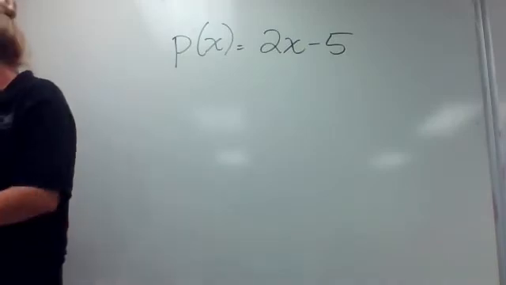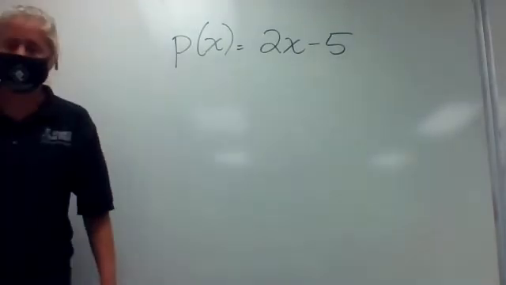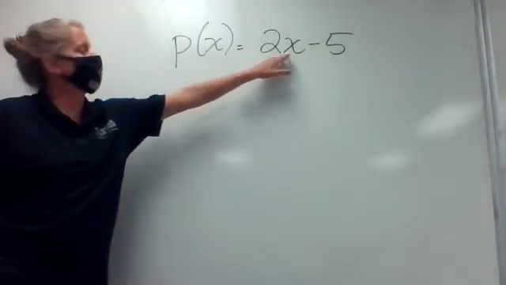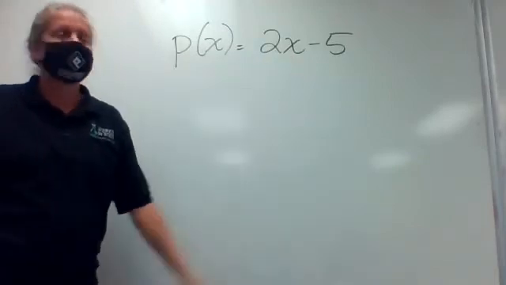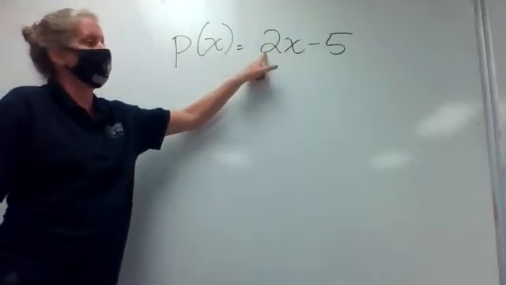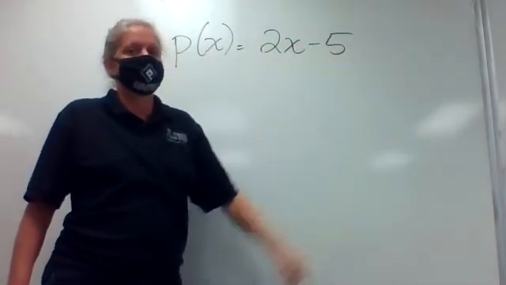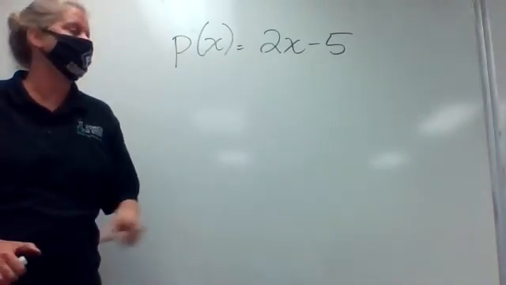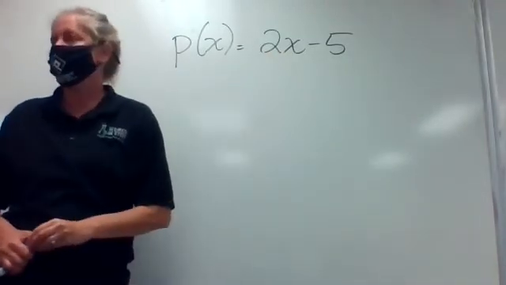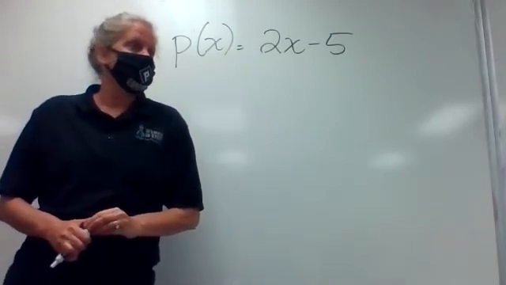So on this one, think about what you're going to be doing to any number that you plug in for x. You're going to multiply it times 2 and then subtract 5 from it. Is there a number on the number line that you cannot multiply times 2? You multiply whatever you want times 2, right?